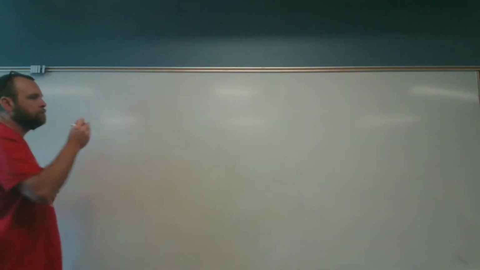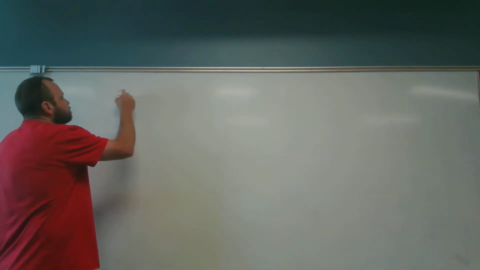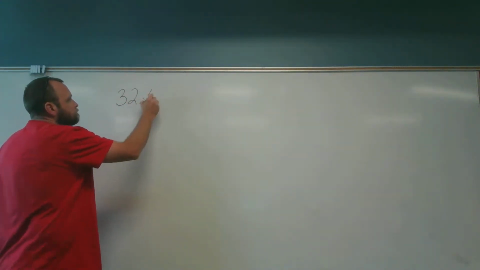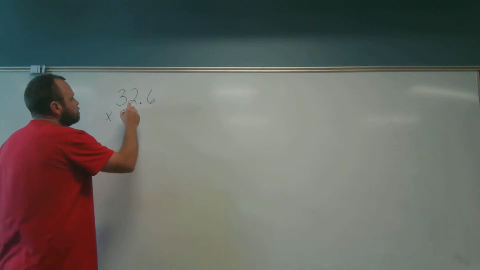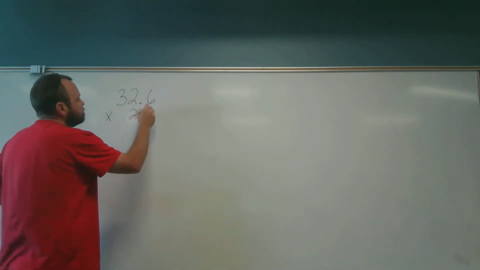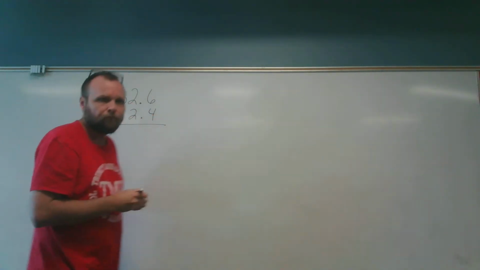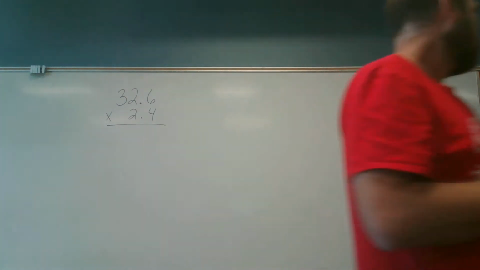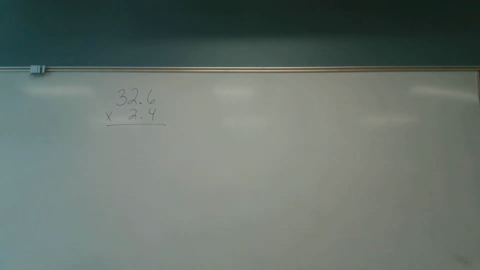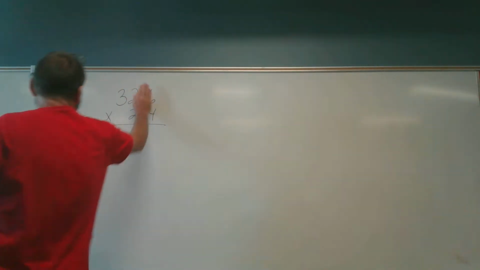Number 1, how do you say it? What's the first factor? How do you say the number in front of the decimal point? Everything in front of the decimal point. 32.